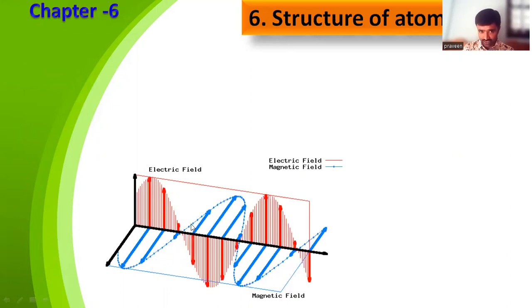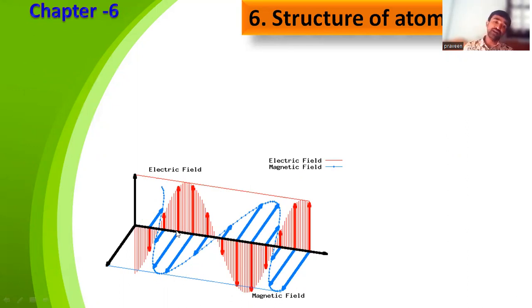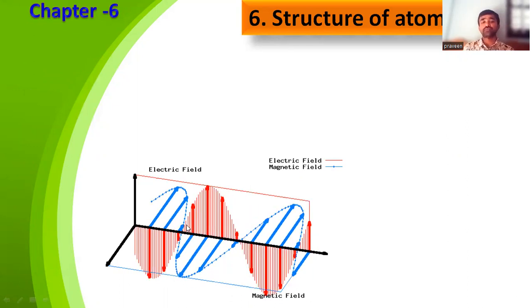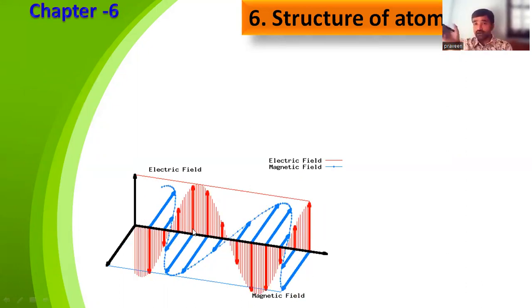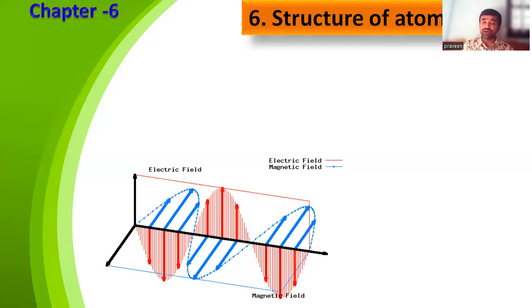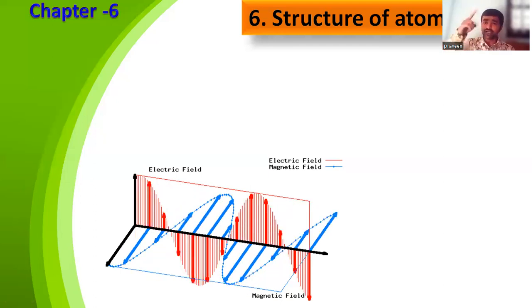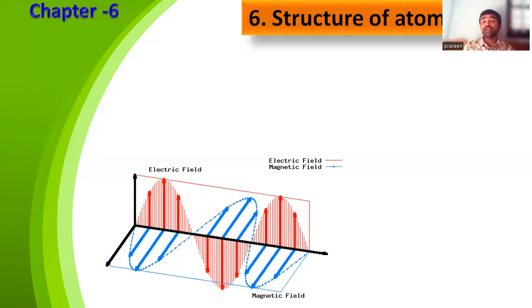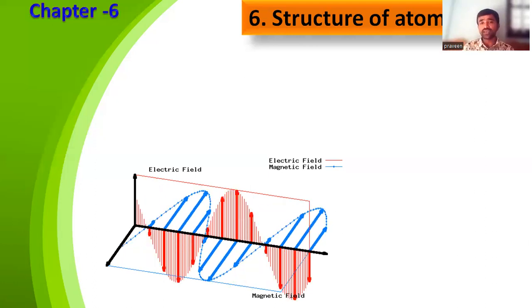Perpendicular to that horizontal direction, the electric field and magnetic field vary. While the energy is forwarding, the electric field and magnetic field vary three-dimensionally around it.